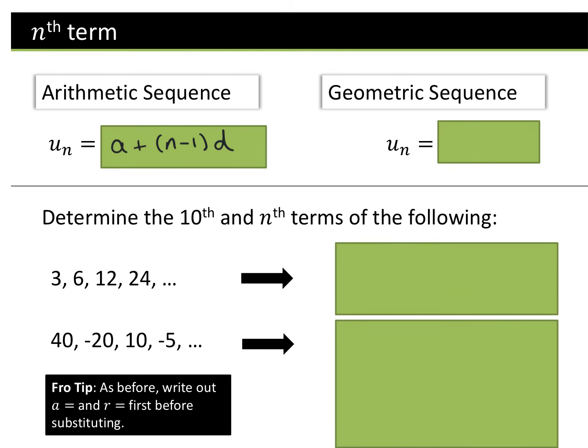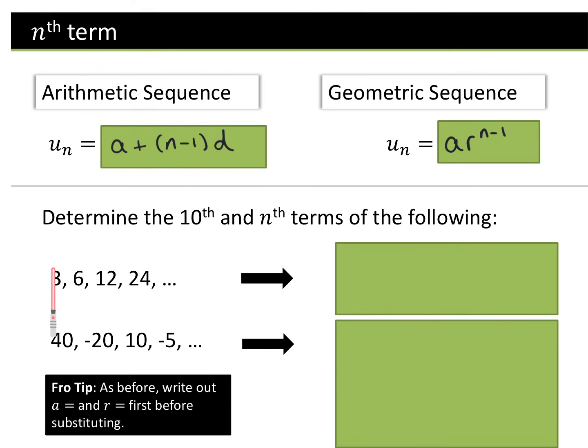And then for a geometric series, the nth term is given by a multiplied by r to the power of n minus 1. Now, first of all, we look at the sequence, because sometimes it doesn't tell us if it's geometric or arithmetic. So step 1, we look at the sequence.